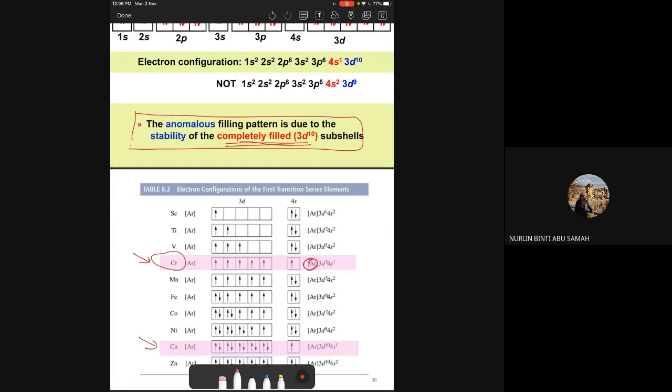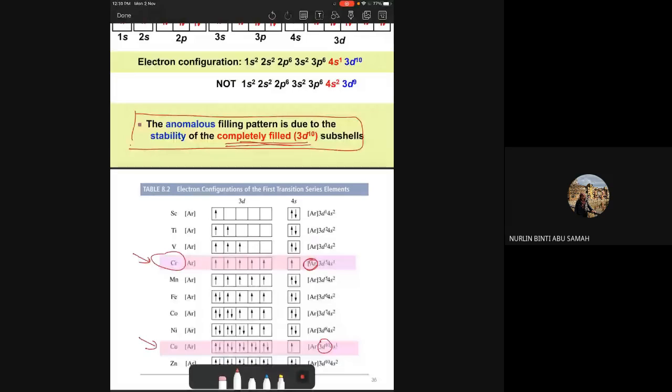So dia isi dulu 3D5 sampai half fill, and then baru dia isi kepada 4S1. Untuk copper pun dia isi 3D dulu, baru 4S. Itu je case yang anomalous. Yang lain semua isi 4S dulu, baru 3D. Itu dekat chapter ni yang paling kritikal.